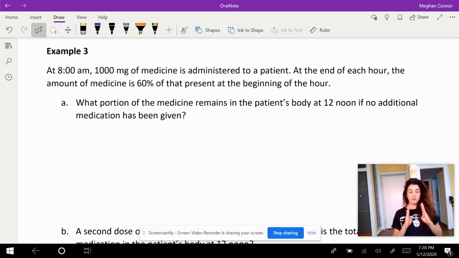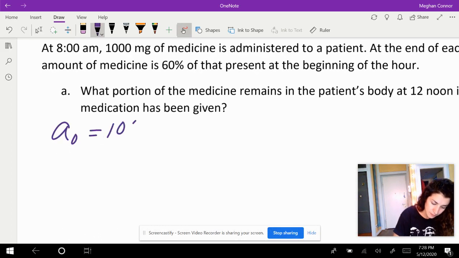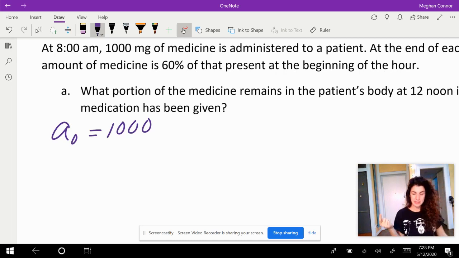Keep in mind that your first term is when you've plugged in 1 for the time that has passed. If you plug in 1 for the time that has passed here, that means you're talking about the end of 1 hour. So your A sub 0 is 1,000. But that's not your A sub 1.